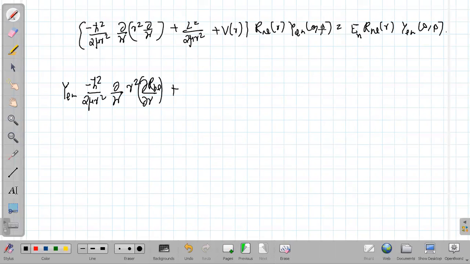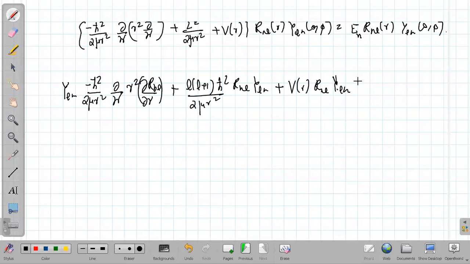Then L square on Y_Lm gives L into L plus 1 h cross square, so R_nL Y_Lm divided by 2 mu r square plus V of r R_nL Y_Lm equals E_n R_nL Y_Lm. So this Y_Lm can be cancelled throughout. So this is the radial equation taking the form.